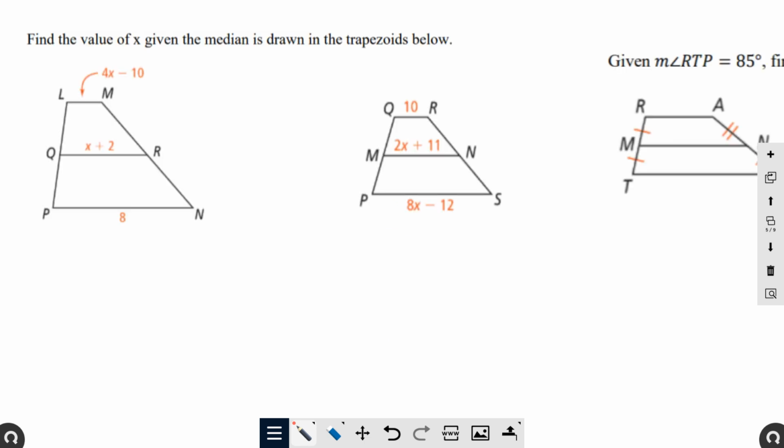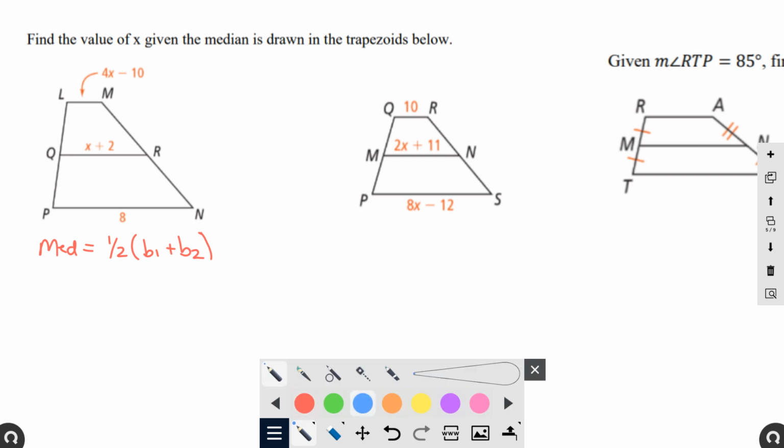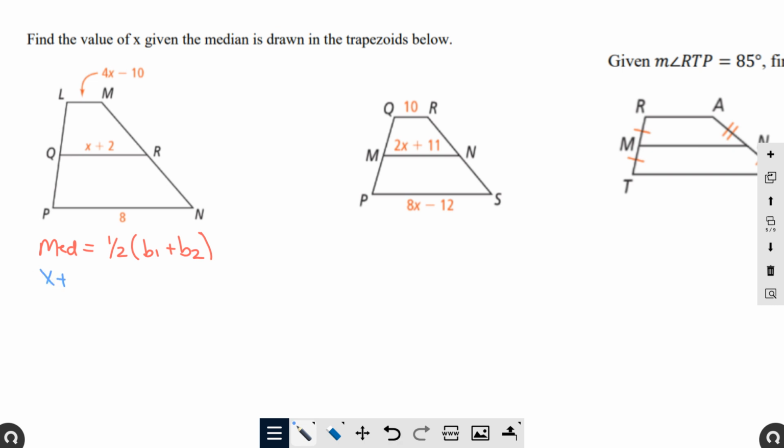All right, find the value of x given the median is drawn in the trapezoids below. Remember that equation: the median equals 1/2 times (base 1 plus base 2). That's your formula. Just plug in what you know. So what's the median? Good. x plus 2 equals 1/2.